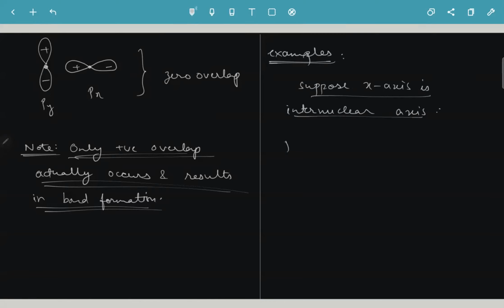Then Px plus Px gives a sigma bond. Perpendicular to the x-axis will give a pi bond. Py plus Py will give a pi bond. Pz plus Pz will give a pi bond. S plus Px will give a sigma bond.